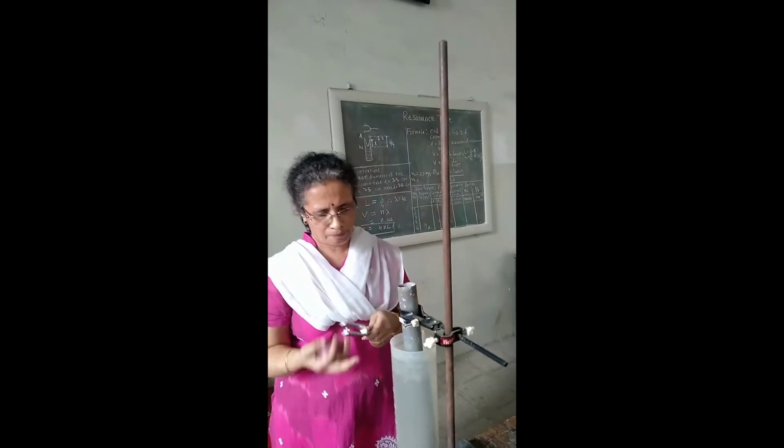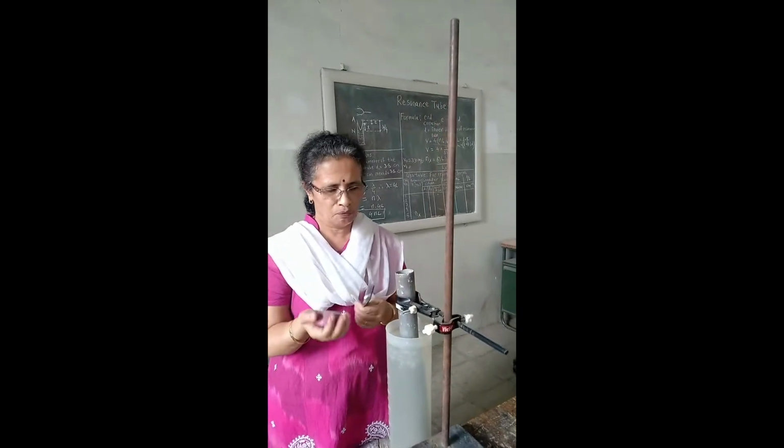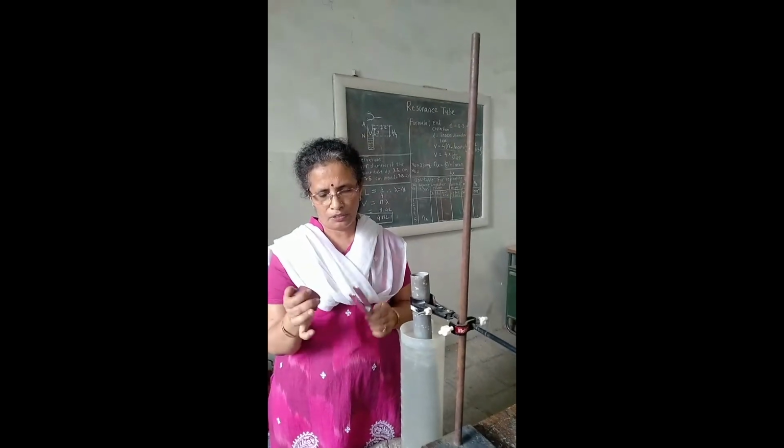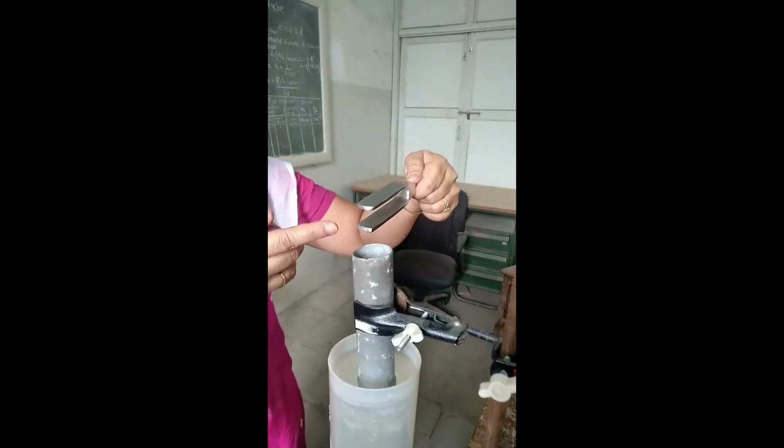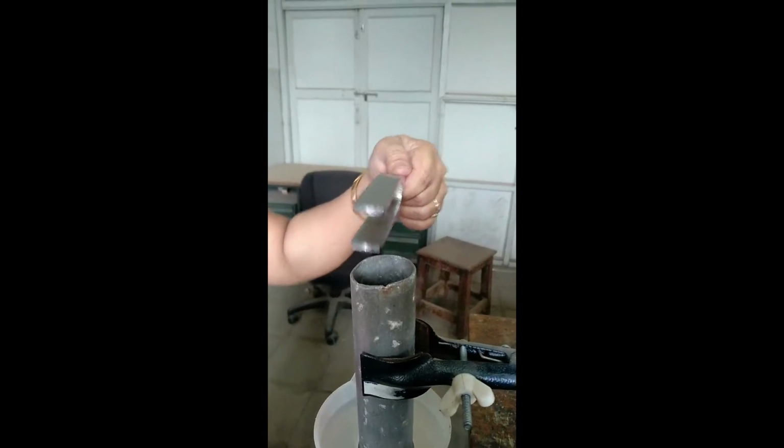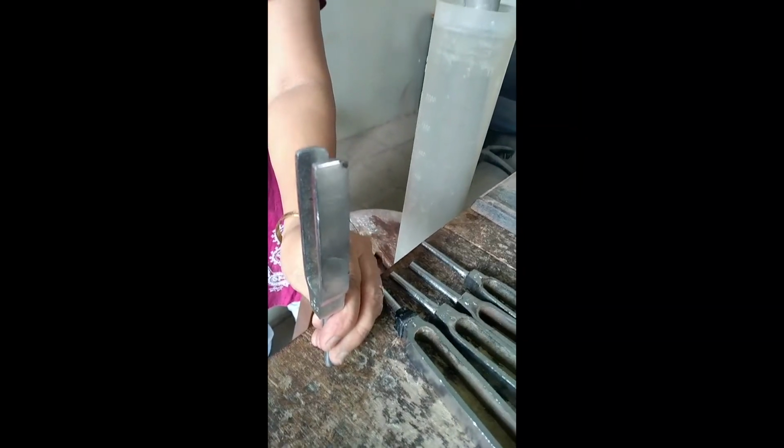So, how do we make the tuning fork vibrate? You strike this tuning fork and keep it here. The prongs are vibrating inwards and outwards and the sound waves are traveling along the length. You can hear this sound of this frequency of the tuning fork.